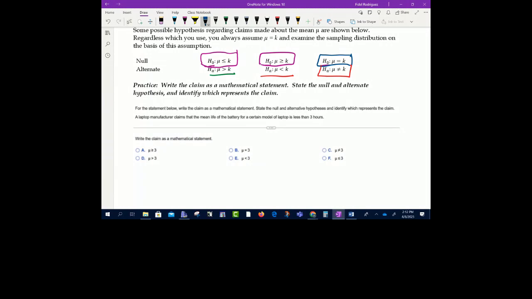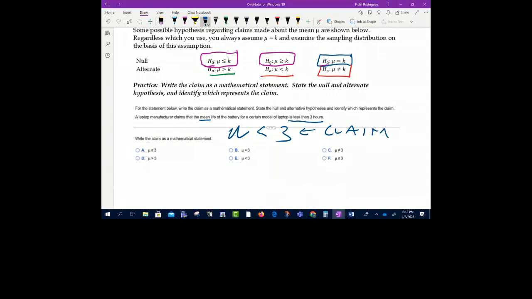When they're talking about the mean, that's when we use that little funny looking U, and you can see the choices all have it. So my average battery life is less than 3. This is what we call the claim.